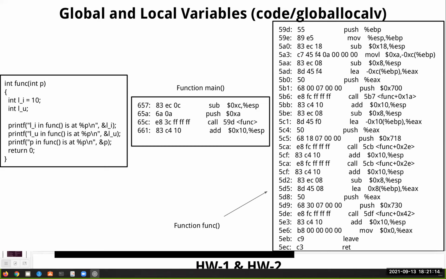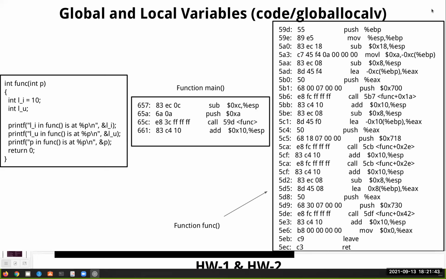Then after that, we transfer the control into func, and you can see the very first instruction we're doing is push EBP. We save that to the stack. We move ESP to EBP. Then we subtract 18 in hex from ESP. So how big is that?